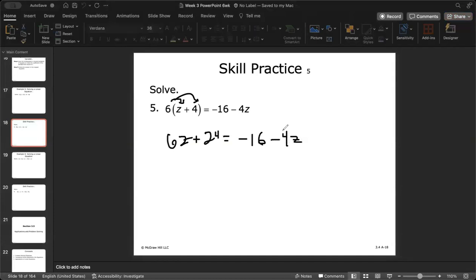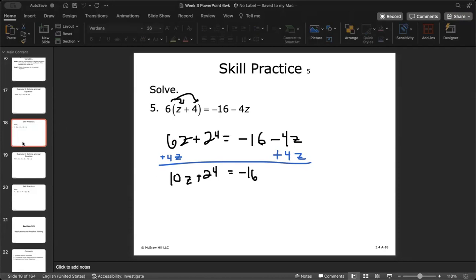Okay, now it's time to take the z's and move them over to the right, and we add the opposite. So here we're going to add a 4z to each side. When we do that, we get 10z plus 24 equals negative 16.